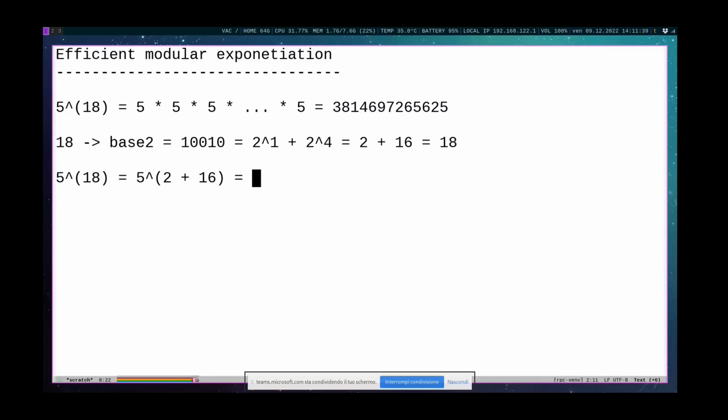Now I can use the property of powers: if I have the base to the a plus b, I can split this, and I can do 5 to the 2 times 5 to the 16. So this is essentially the same sort of computation.